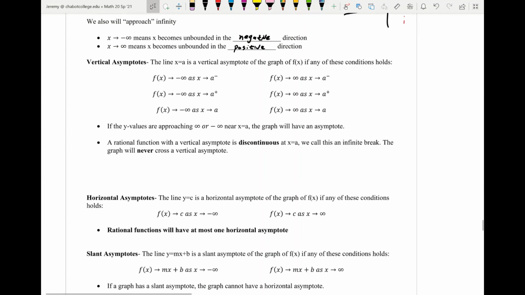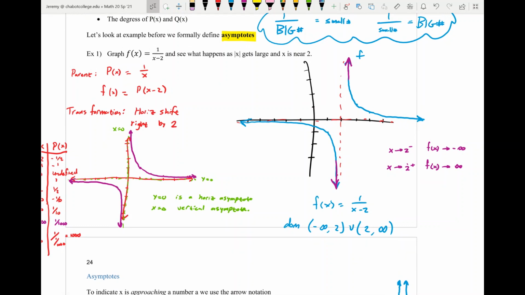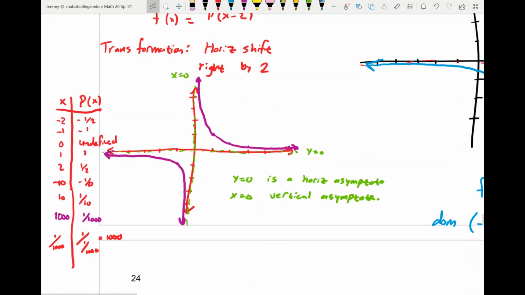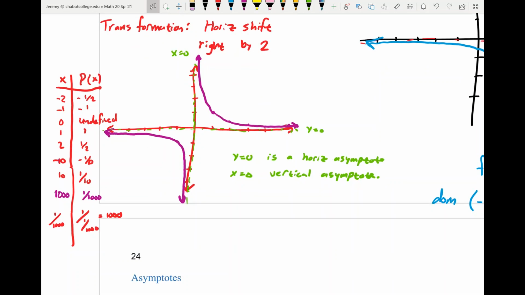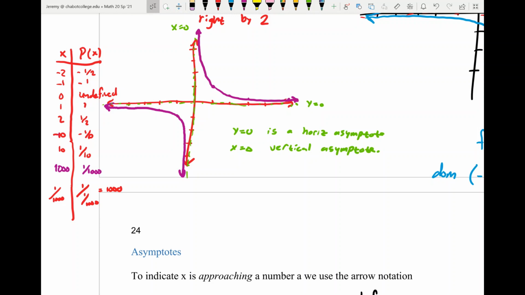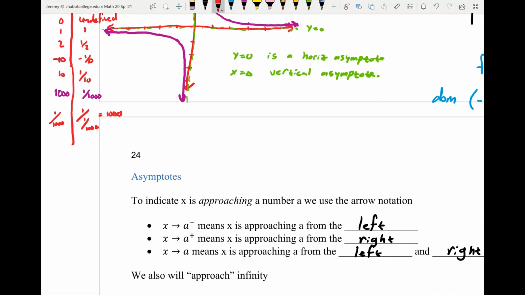Again, I'm going to look back at the problem we just did. When we were looking at the parent function, remember we plugged in some big numbers. If you plug in 1,000, you get 1 over 1,000. If I put in 10,000, I would get 1 over 10,000. So I'm letting x go to 1,000, then 10,000, and then 100,000.